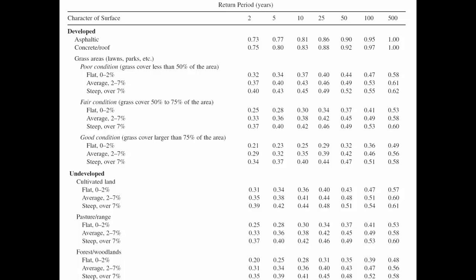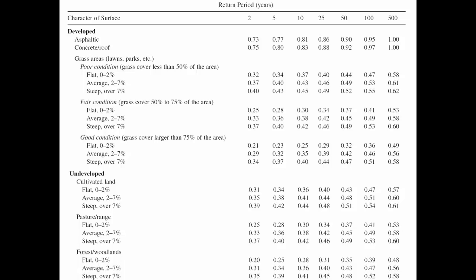And so the composite C is going to be 4 hectares of 0.77 plus 12 times 0.36 plus 4 times 0.60 plus 18 times 0.5, and then we would divide that by the sum of the areas.